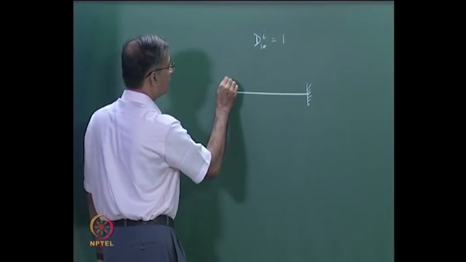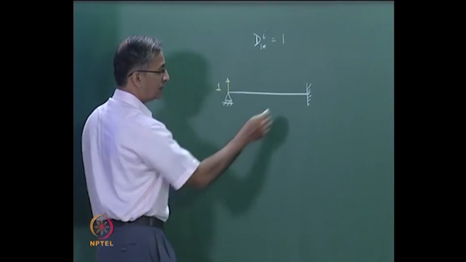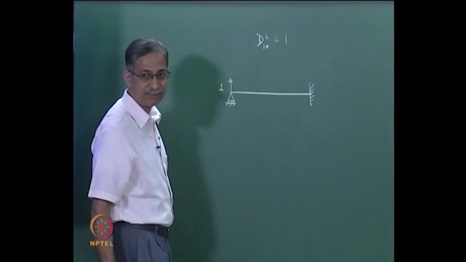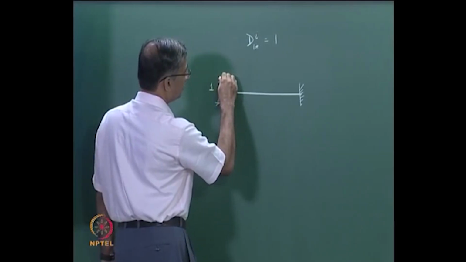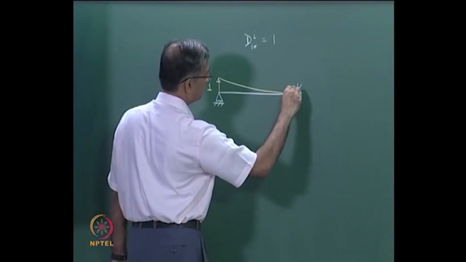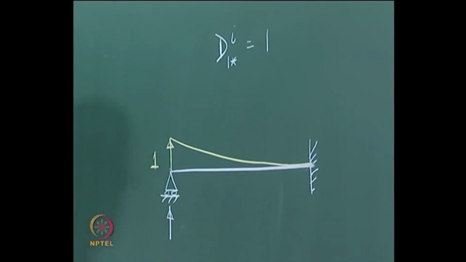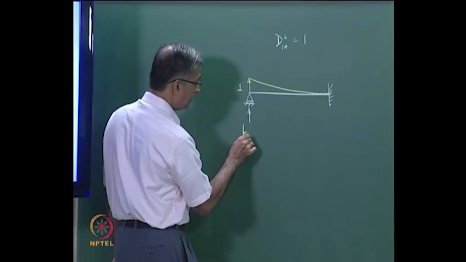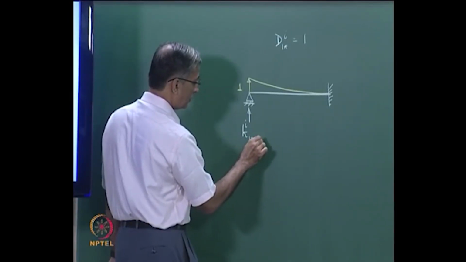If I let this go up by 1, this must come back here. What will be the deflected shape? It will be like this, like a cantilever. And the force I need to apply here to lift it up will be how much? This is what I call K in the ith element, 1 star, 1 star.